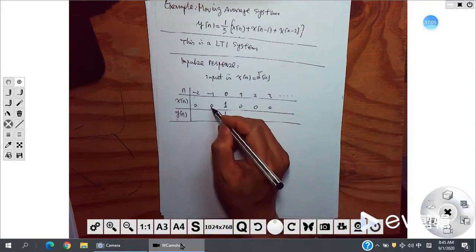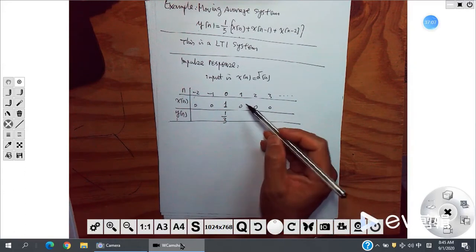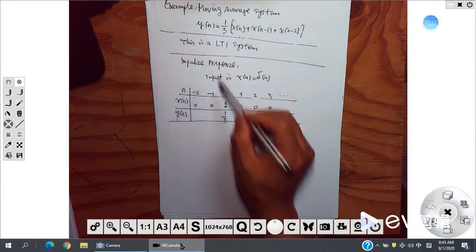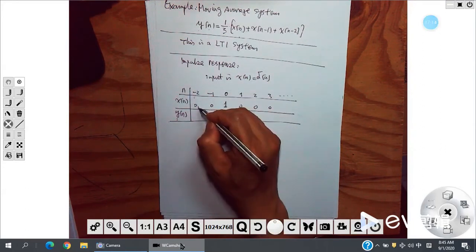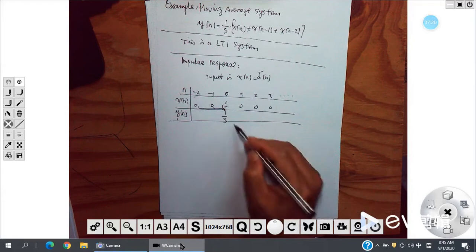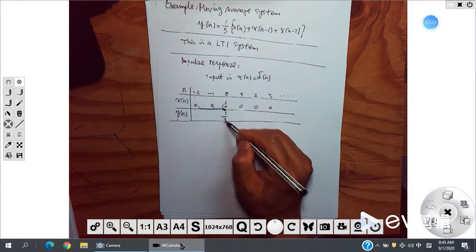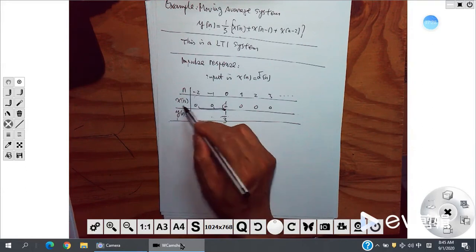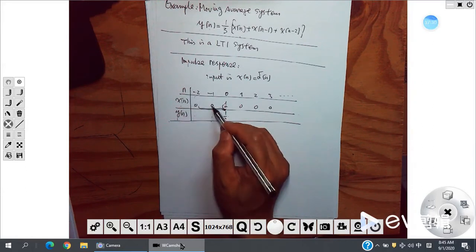And if n is -1, we have these 3. Do the summation, take the average. This one and this one also need 3 values to sum and divide by 3.